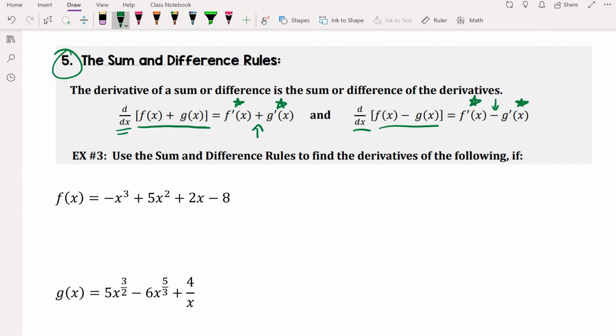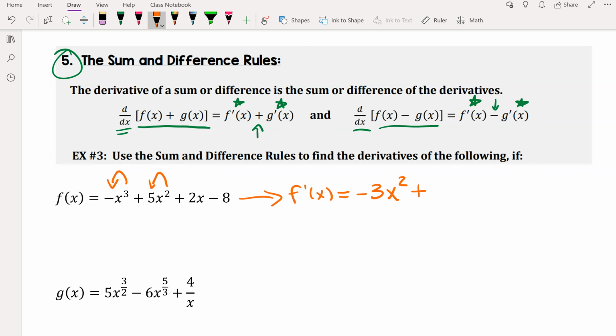The first one, f of x equals negative x cubed plus 5x squared plus 2x minus 8. We're going to use our rules that we just learned. So f prime of x equals, bring out the exponent, bring it out in front. So negative 1 times 3, that would be negative 3 x to the 2 because 3 minus 1 is 2. And now this is the sum rule. We just say plus and then do the next derivative.